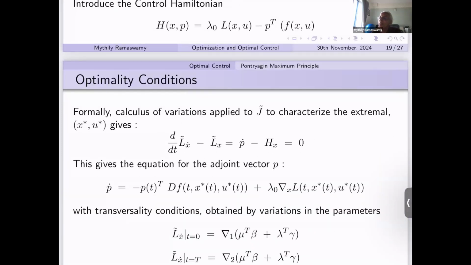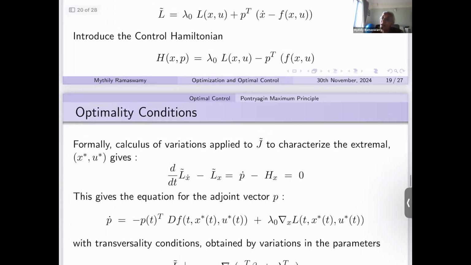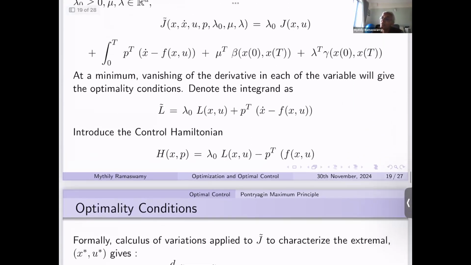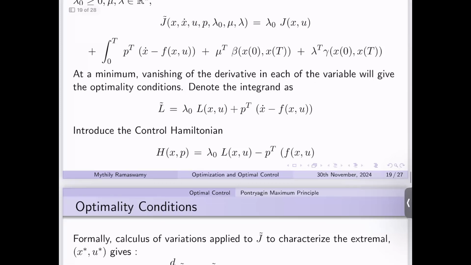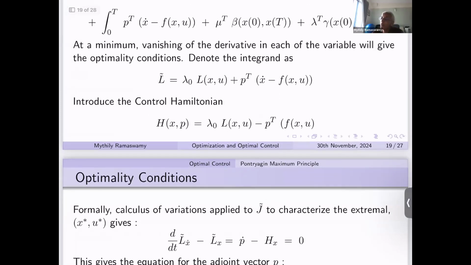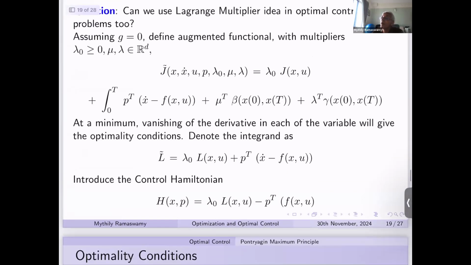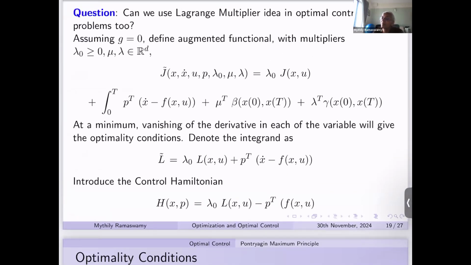So the L tilde I'm applying it to, not to L. L tilde still has x dot dependence. I'm applying it to the J tilde, which is now with this L tilde.